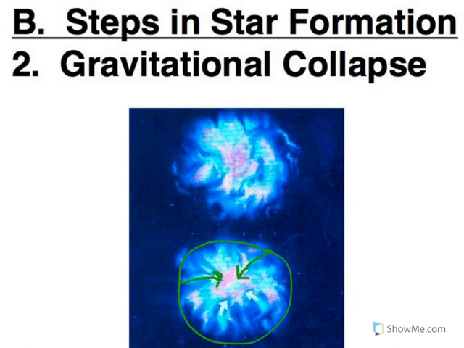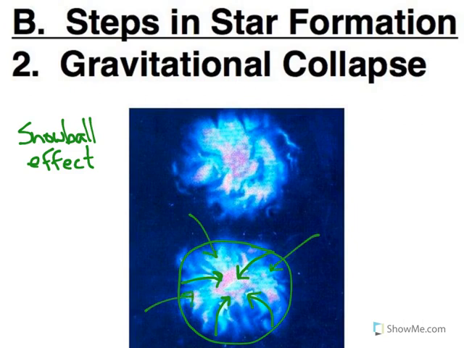That higher density provides that little nugget of gravity, and it's going to be essentially a kind of snowball effect. That original little region of high density is going to keep pulling more and more material in, and it's going to continue to get more and more mass, and it's all going to eventually collapse down towards the center.